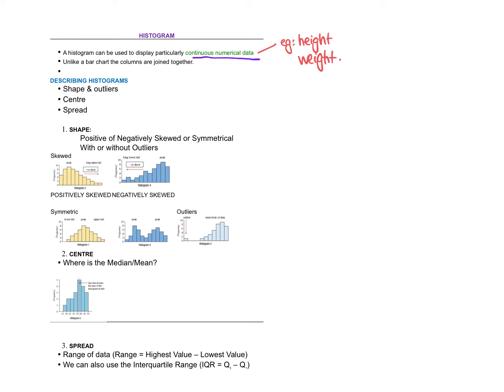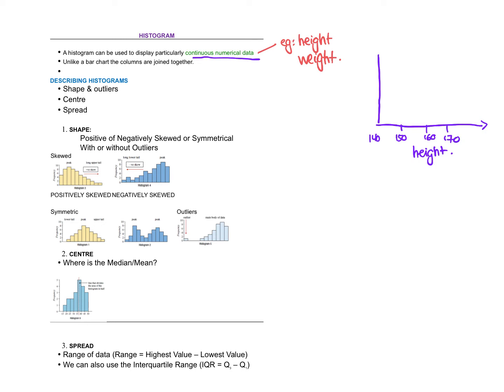Okay, so with a histogram, you're going to see the numerical data along here. So say you had height. Often you'll see categories. So we might say from 140 centimeters up to 150, and then we'll go to 160 and so on.